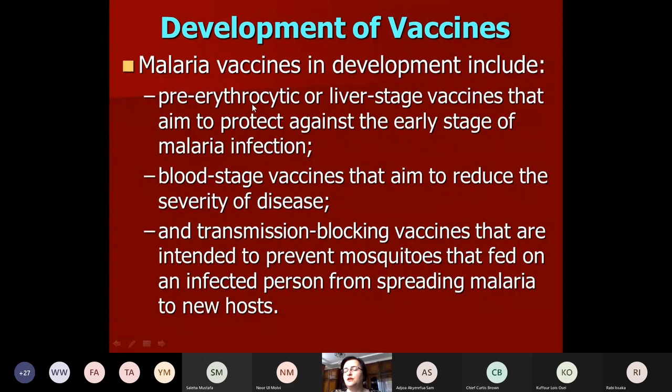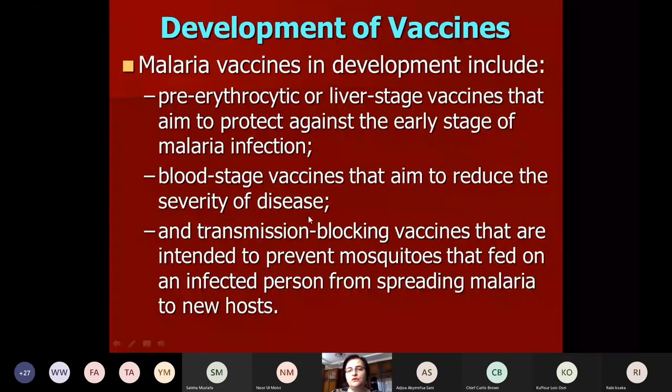These include pre-erythrocytic or liver stage vaccines, that aim to protect against the early stage of malaria infection, blood stage vaccines that aim to reduce the severity of disease, and transmission blocking vaccines that are intended to prevent mosquitoes that fed on an infected person from spreading malaria to new hosts.